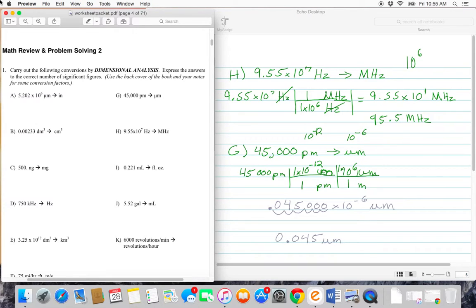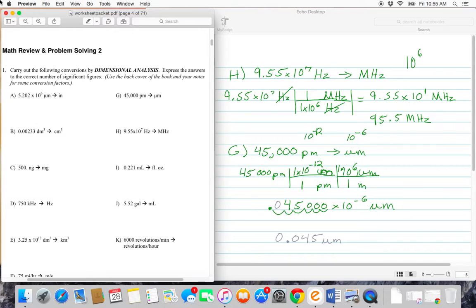And if we remember our rules of multiplication of scientific notation, we know that multiplication means that we add the exponents. And in this case, a negative 12 plus a positive 6 will give us a negative 6, which means that our reported value then would be 45,000 times 10 to the negative 6 micrometers.